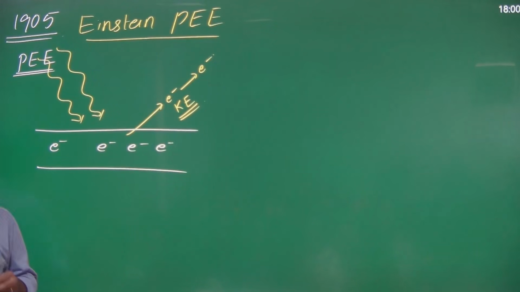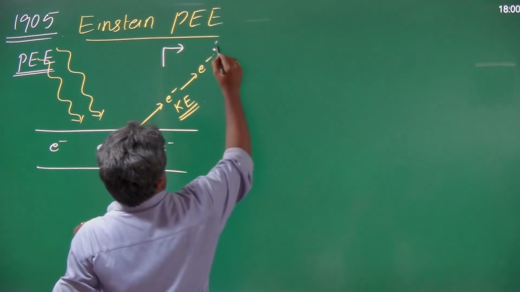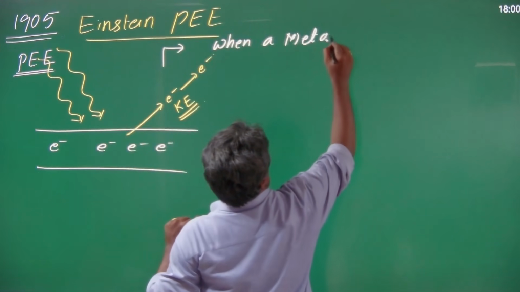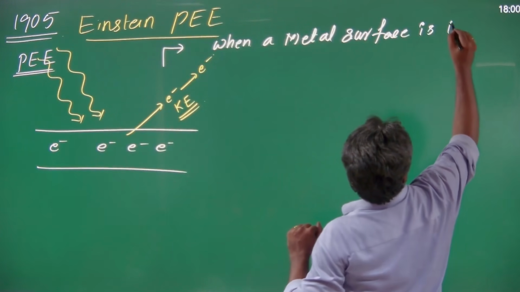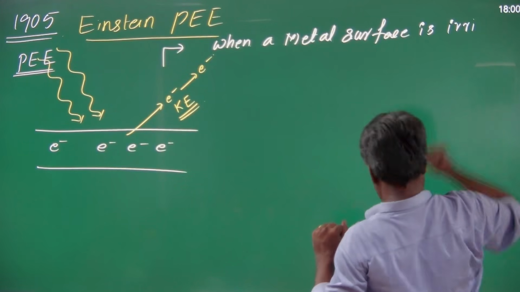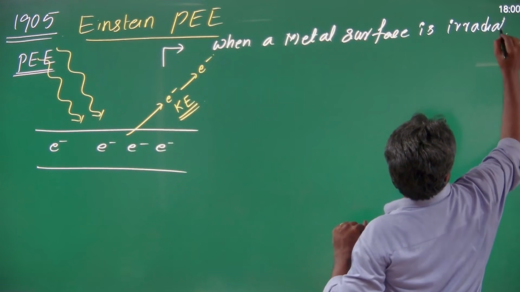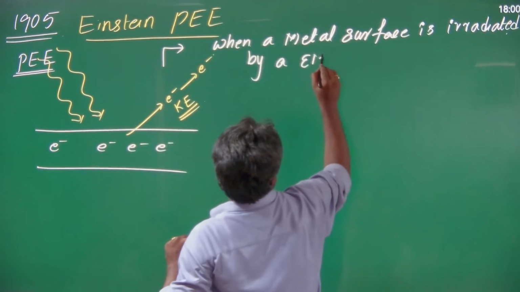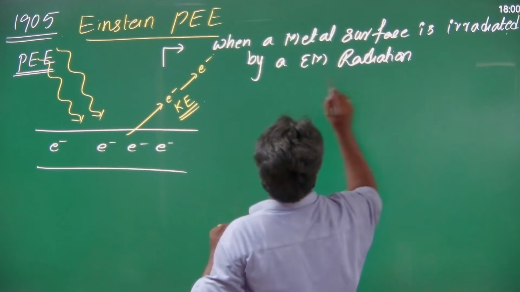Right, ready. Now, so here what is happening? The electrons are emitted. So when a metal plate or metal surface is irradiated by electromagnetic radiation, then what will happen?